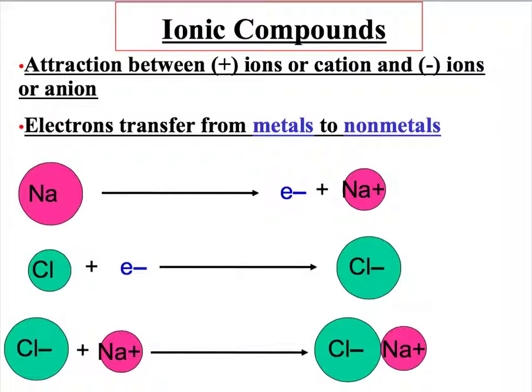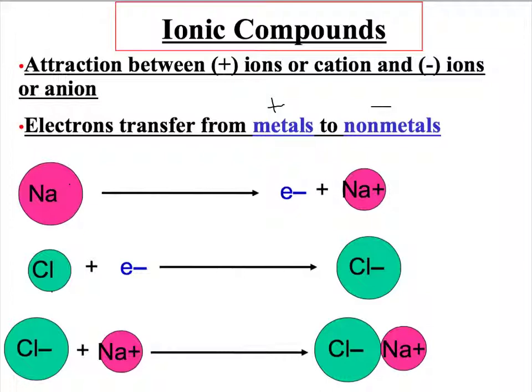Going back to ionic compounds, they have an attraction between the positive ions, which are called cations, and the negative ions, which are called anions. And electrons are going to transfer from the positive metals to the negative nonmetals. So you can see here a sodium atom is going to lose an electron to become sodium +1.